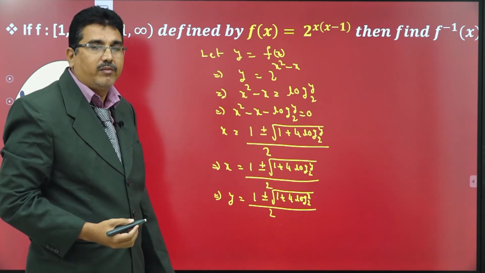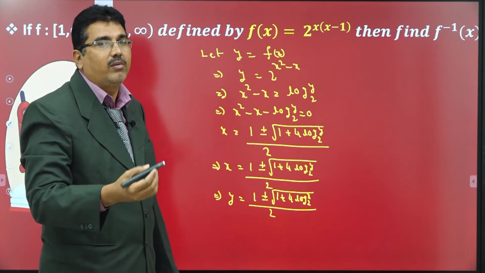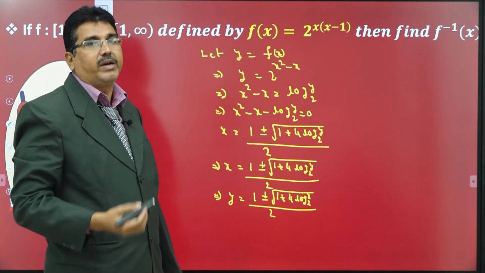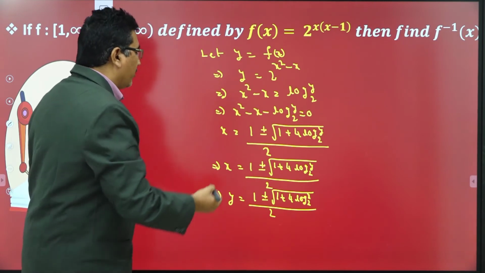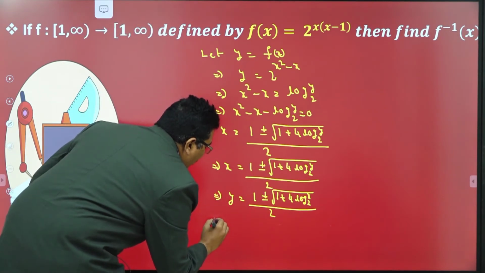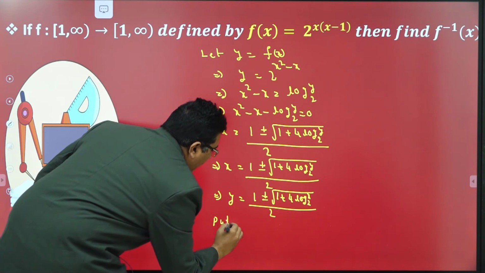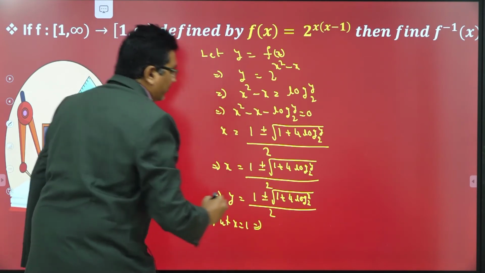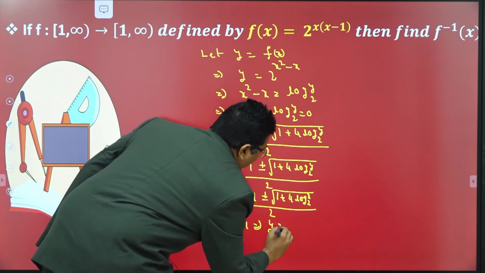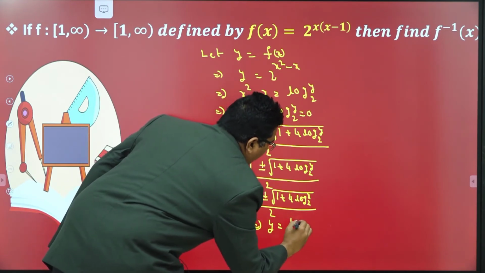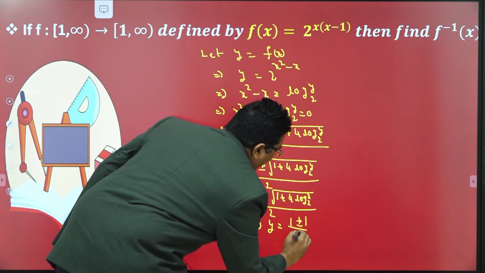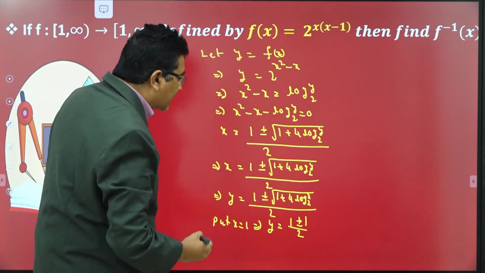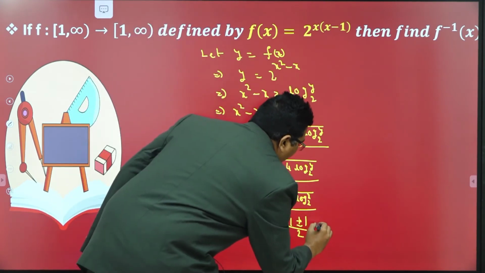Every function is a single valued function. Suppose put x is equal to 1, that implies y is equal to 1 plus or minus 1 divided by 2. First we take plus sign, that is equal to 1.